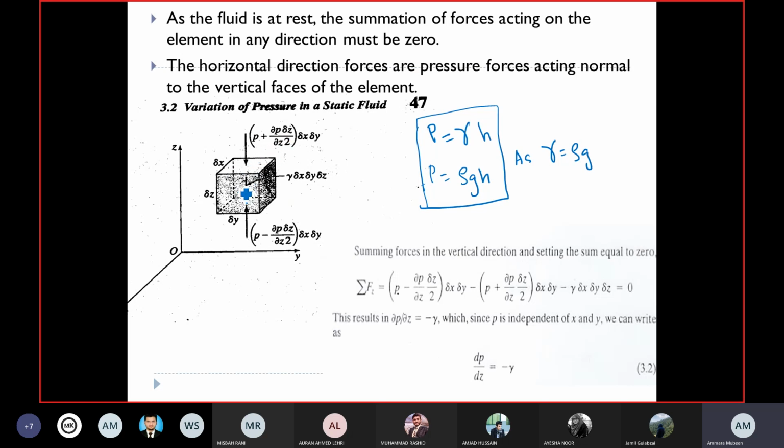What would be the gradient? It would be the change in pressure per unit length on the z-axis. So this is written as change in pressure per unit change in delta Z.